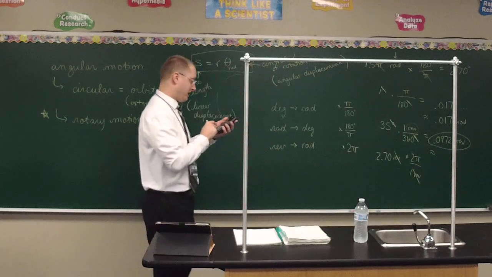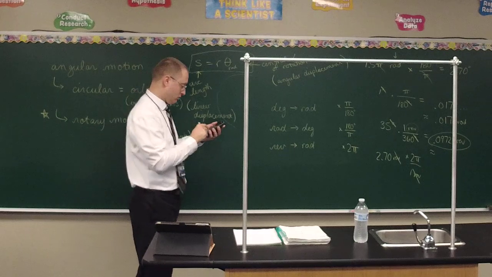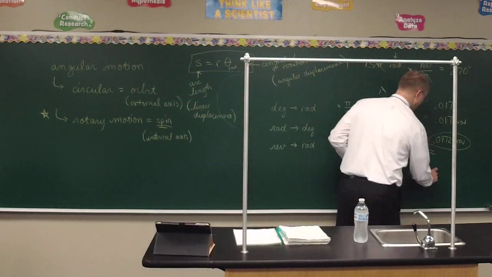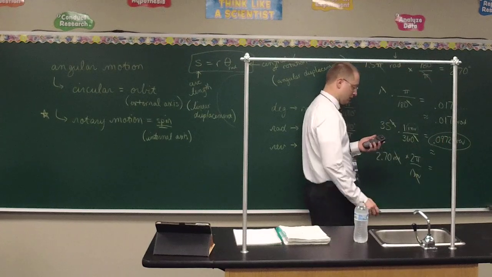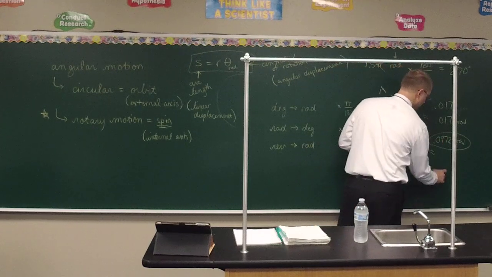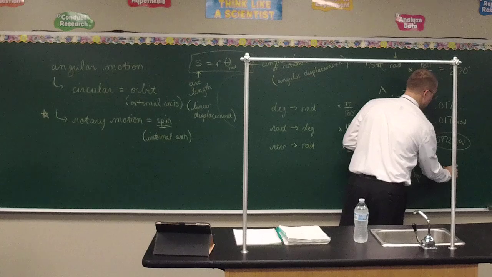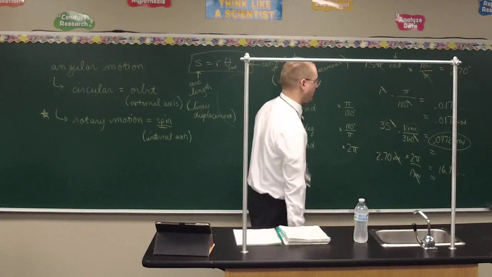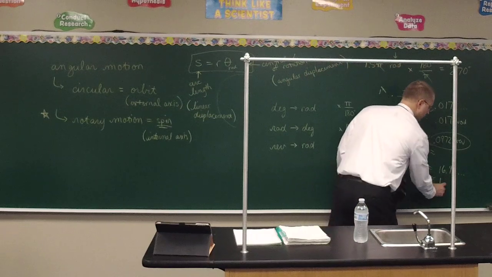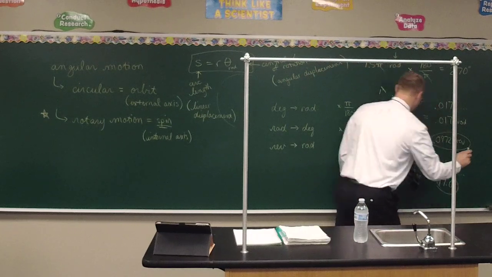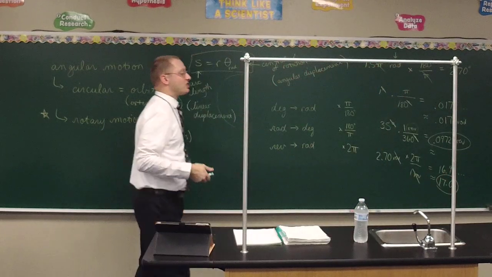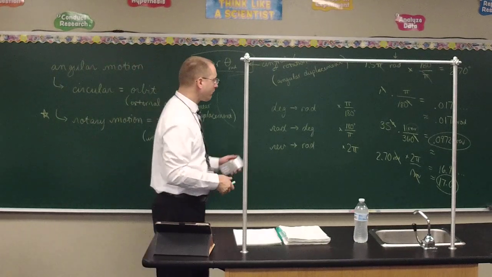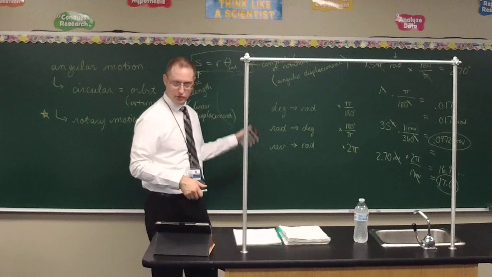And so we take the 2.7 times 2 times pi. And how many radians are there in 2.7 revolutions? There we go. Or we could round off. It's 3 sig figs again, right? Yeah, to get 17. And again, we could either leave it unitless, or if we said rad for radians, that would be fine as well. Questions on these conversion factors?